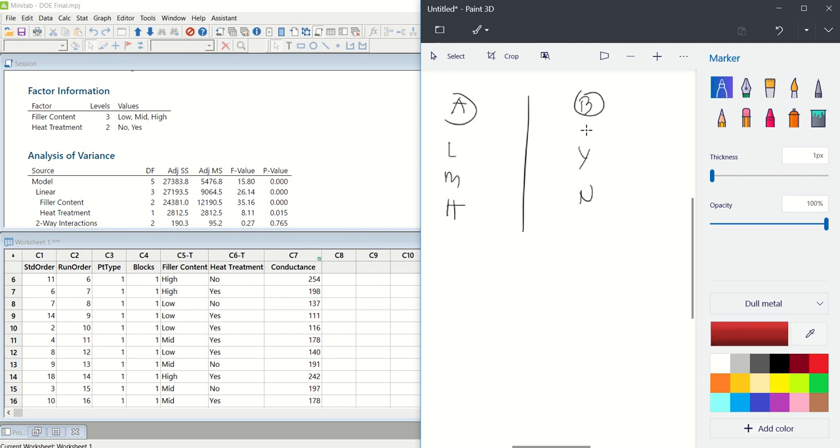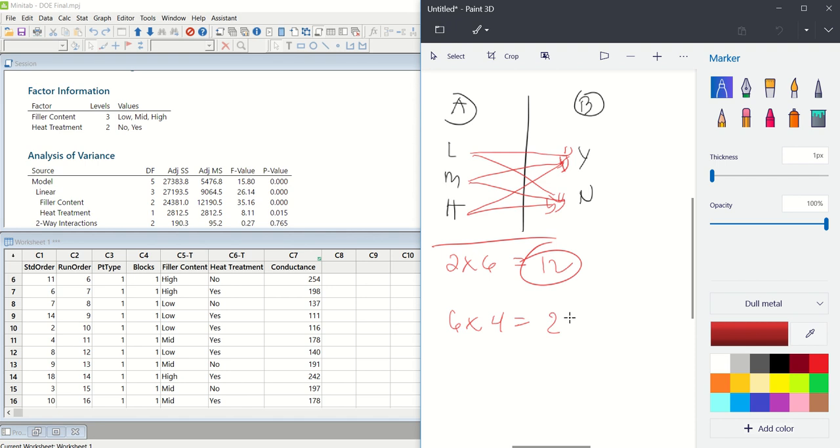Basically, you have low to yes, low to no, mid to yes, mid to no, high to yes, and high to no. So that's 2 times 3, so you have 6 combinations. Since replication is 3, you expect 6 times 3, so that's 18.